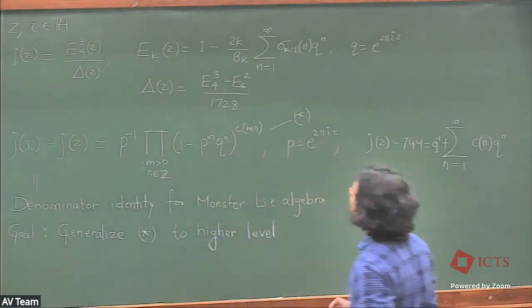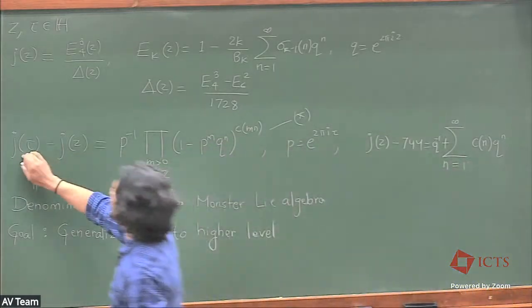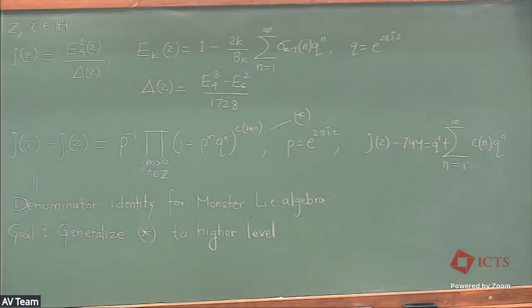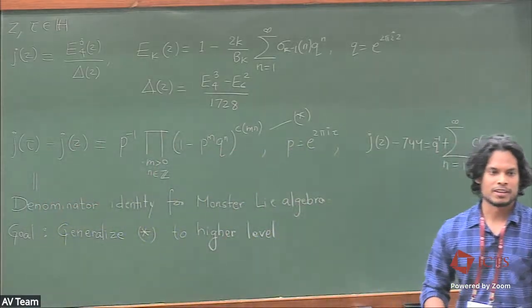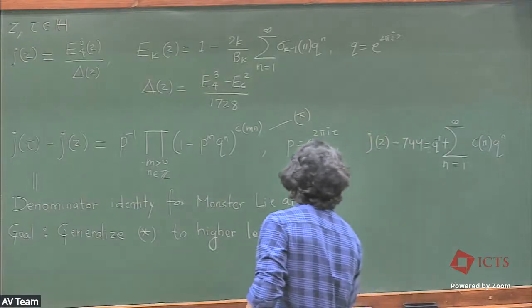By higher level, we mean that here j is a modular function for SL2Z, so it is invariant under the action of SL2Z. What we want is a similar formula, but for modular functions for gamma naught N, for example.